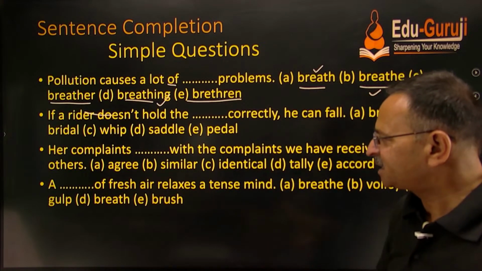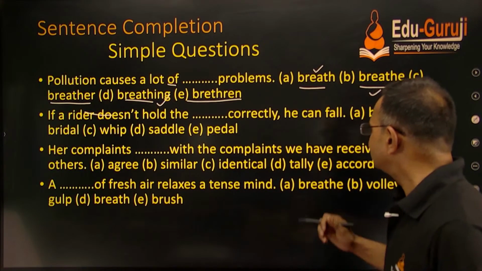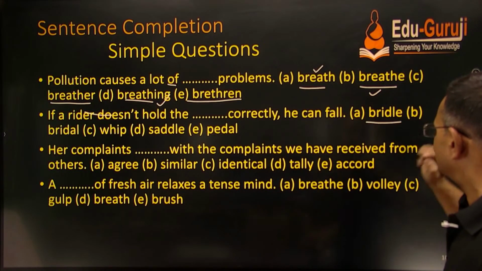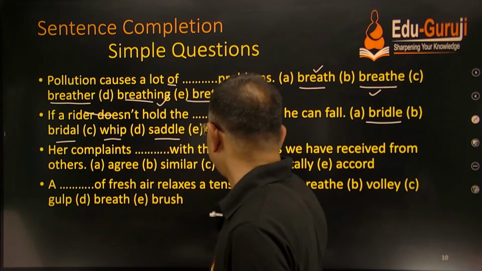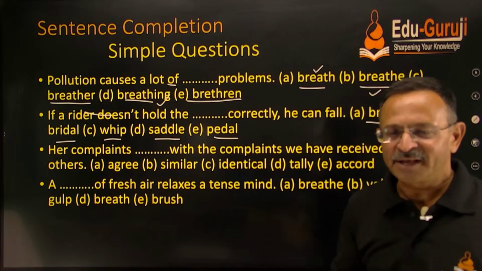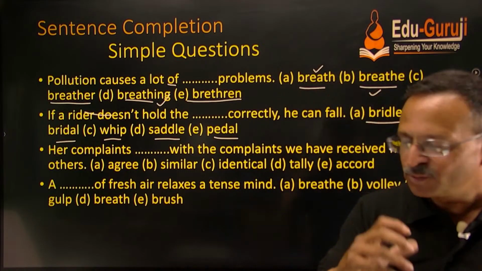Then next is: if a rider does not hold correctly, he can fall. Options: bridle, whip, saddle, and paddle. So these are again very minute differences that you will have to apply.